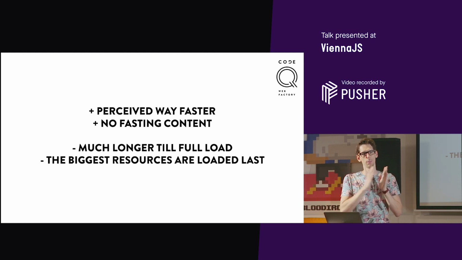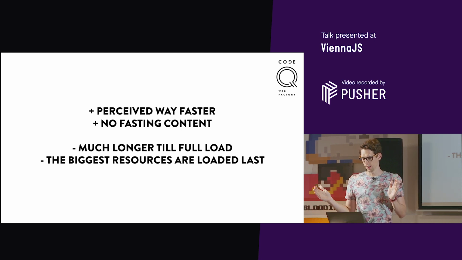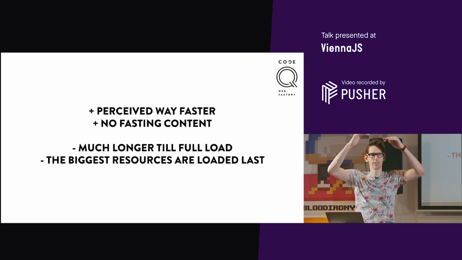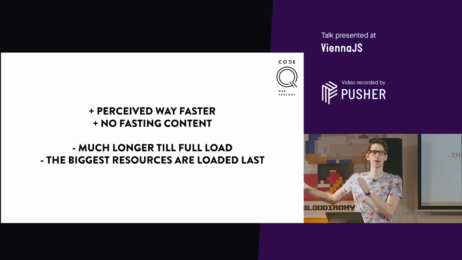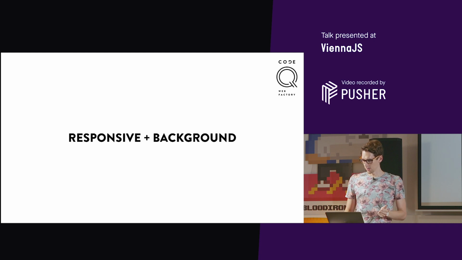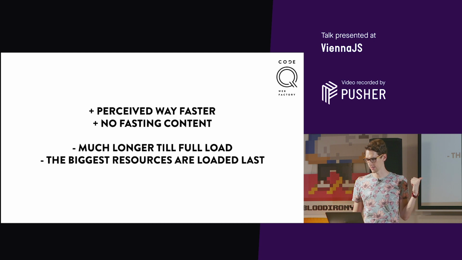But the page load takes longer, and also the biggest resources are loaded last. So it's not really optimal if you know this asset will take the longest time to download, and then you wait the longest till you start downloading it. That's not really great.